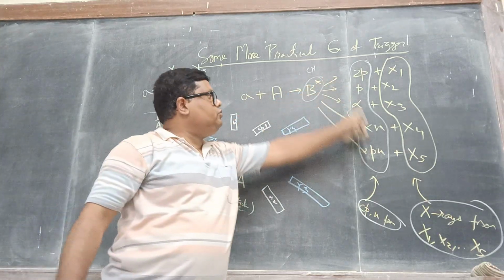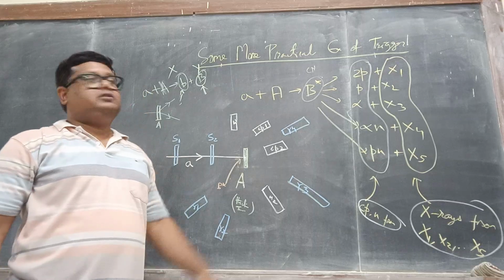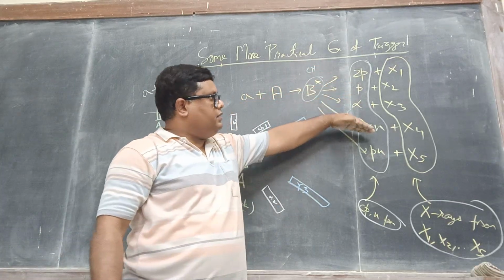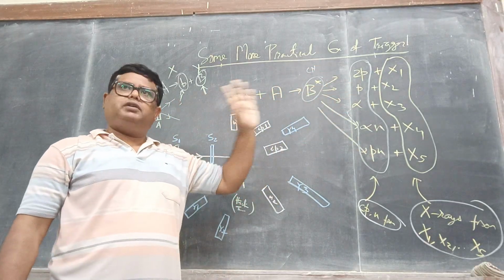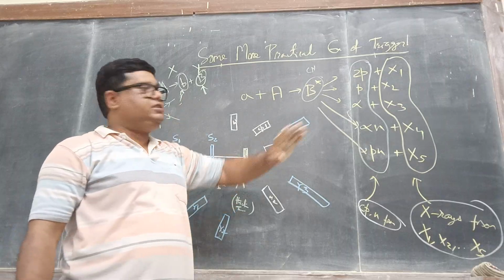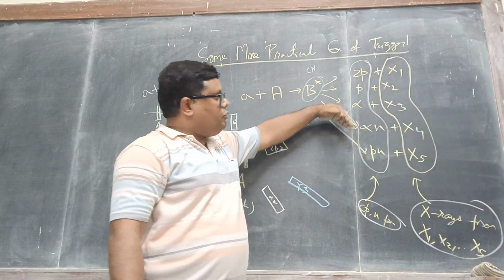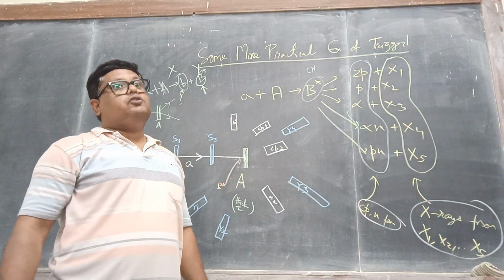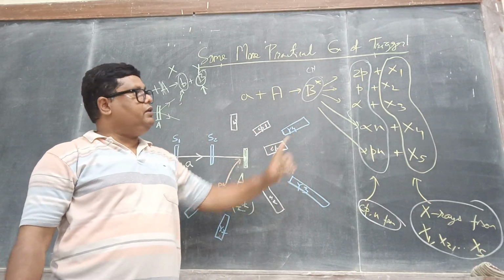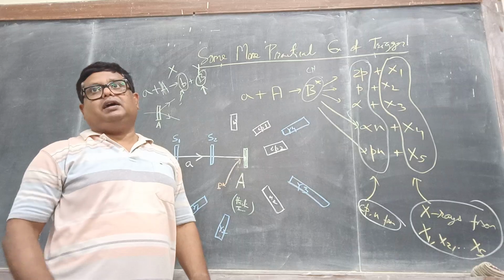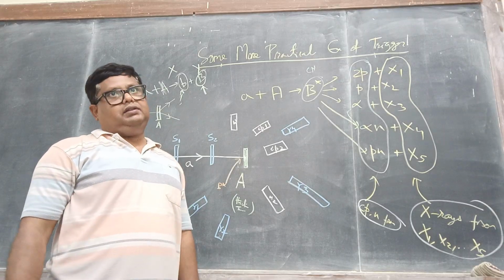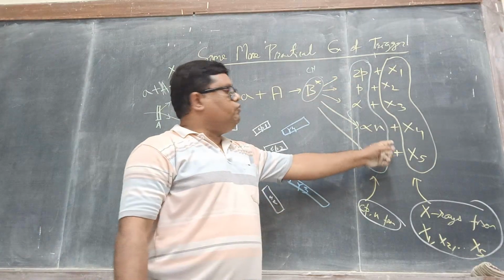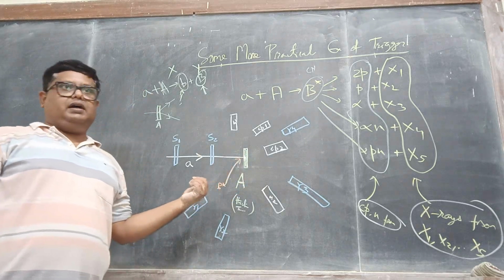And what will happen to the possible channels? Suppose these are the 5 output channels; there can be many more, but for the time being, just think about these 5 possible exit channels. What will happen to them if we have a thick target? Then all of them will be deposited in the target.